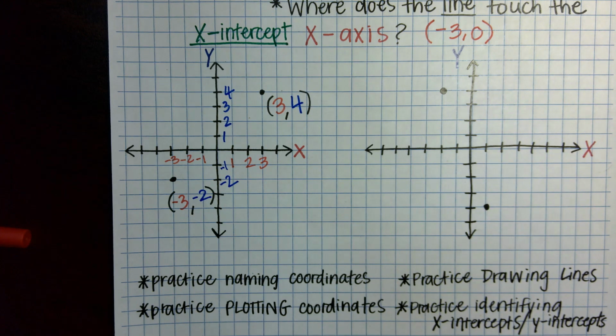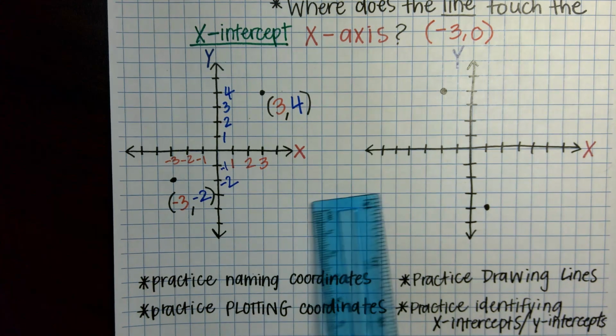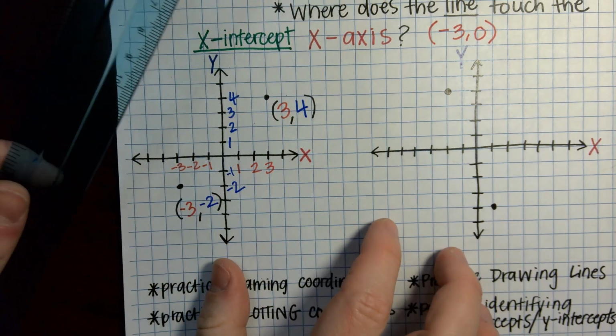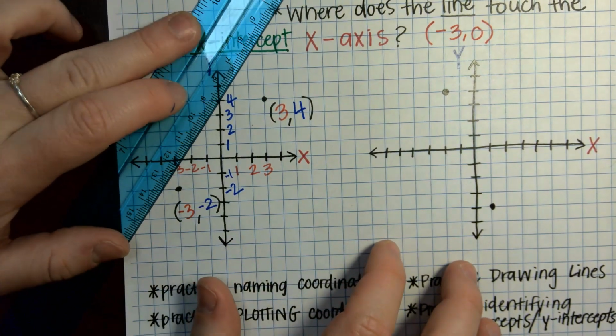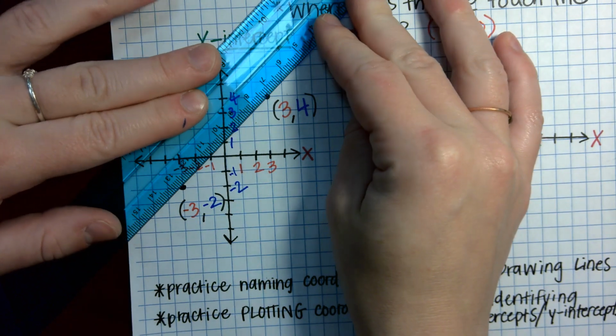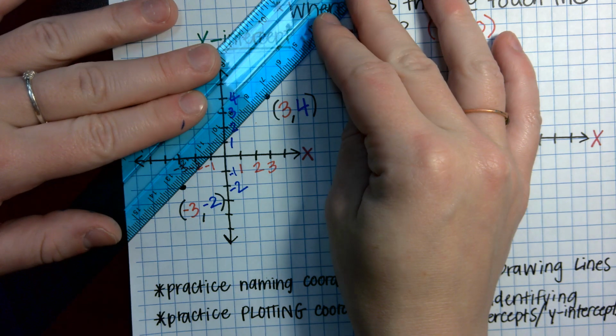Now, do all of you have a ruler at your table? If you don't, there should be some either sitting on tables, or I've got a whole bin of them up here at the front of the room. This is where we have to be very precise in math. When we are graphing lines, it can't be wiggly. It can't show something that it's not supposed to show. We're going to practice drawing this line here. So what you need to do is find those points and line them up nicely with your ruler so that it's as exact as you can make it.